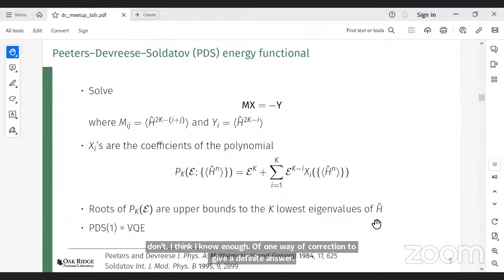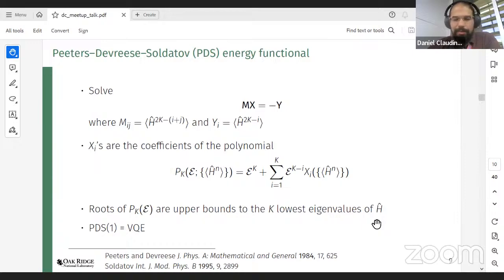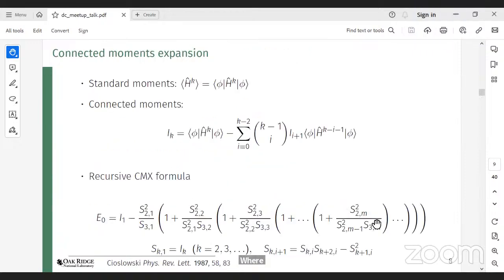Yeah. Okay. Sorry, this is showing my ignorance. Can you go back to this ground state slide? You had a slide about ground state at the very beginning.